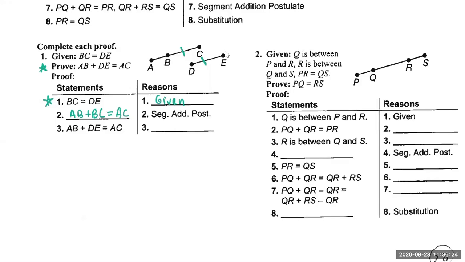So AB plus BC equals AC. If I look at what I have right now in 2 and what I'm trying to prove, the AB and the AB are there, and the AC and the AC are there. But somehow I have to get from BC to DE.